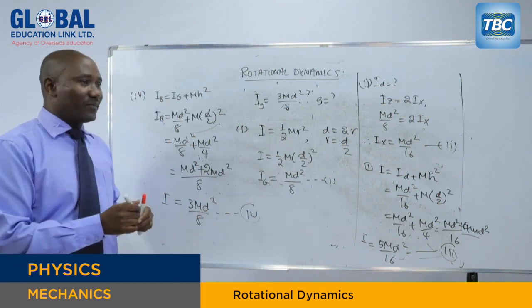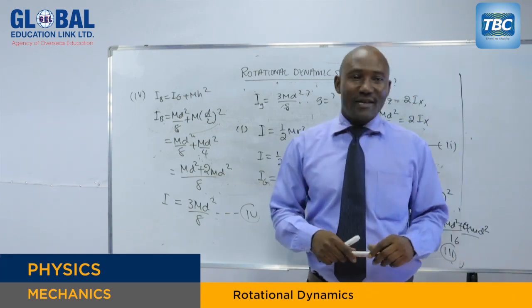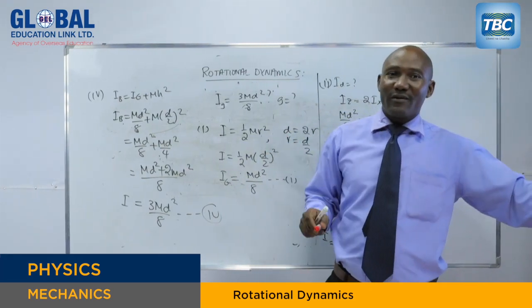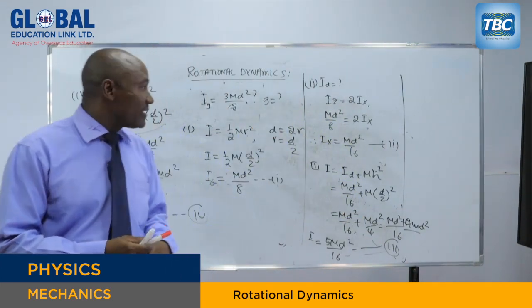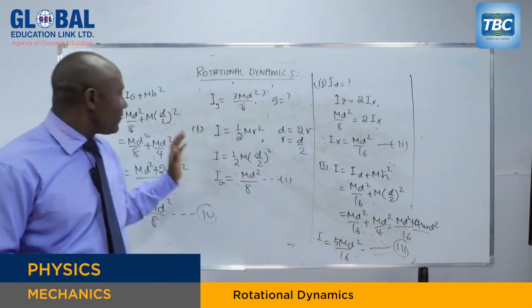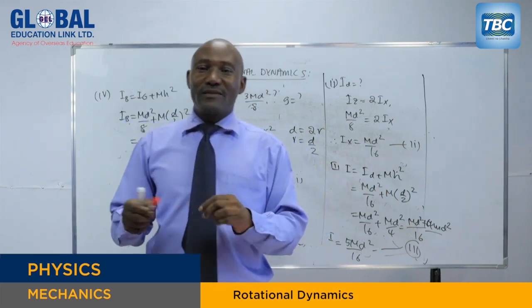The question was given in a single line: establish the axis of rotation which produces the above moment of inertia. But you can see how many steps we applied: step 1, step 2, step 3, step 4. We applied both theorems, the parallel and perpendicular axis theorems, to check.